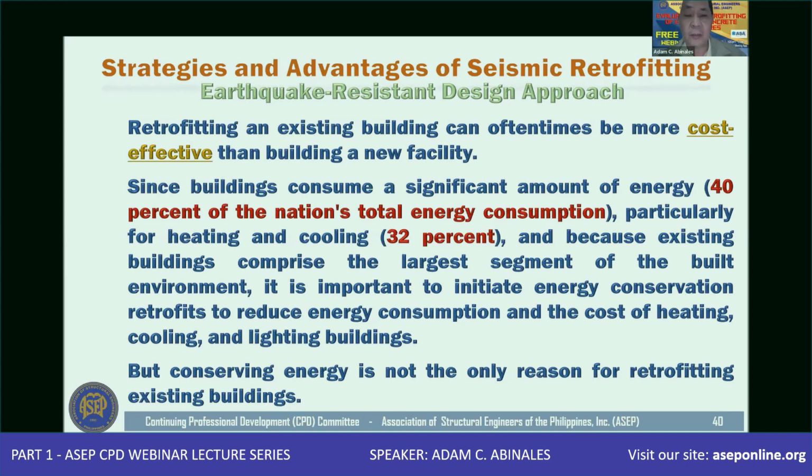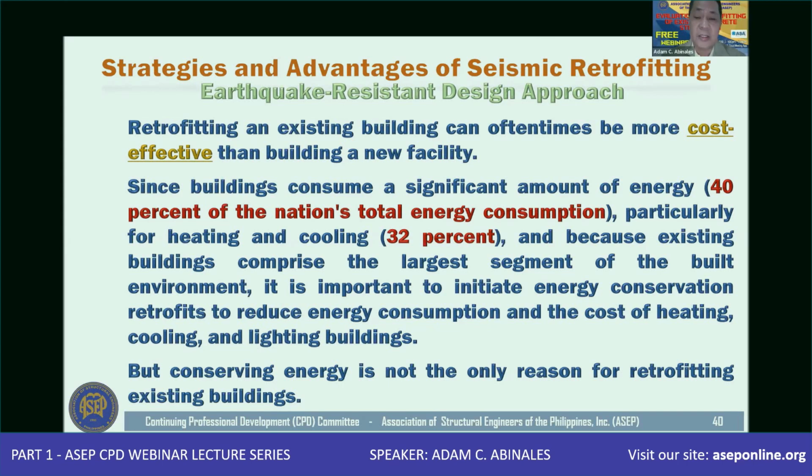Nowadays, we have been talking about green building, and as structural engineers, we also have our role in how we make our building compliant and certified as a green building. Because existing buildings comprise the largest segment of the built environment, it is important to initiate energy conservation retrofits to reduce energy consumption and the cost of heating, cooling, and lighting buildings.